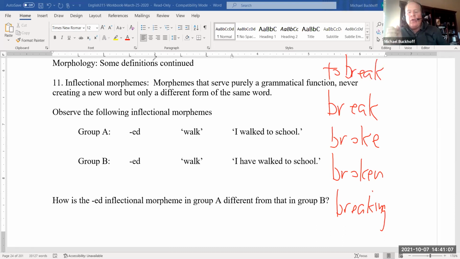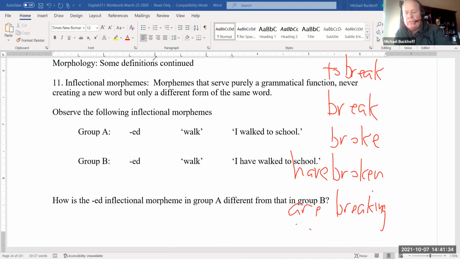So a verb has maybe five forms. To break is called the infinitive. Break is the base form of the verb. Broke is the simple past form of the verb. Broken usually has some type of auxiliary verb in front of it, like have broken. And then you have breaking, which might come with are or was.